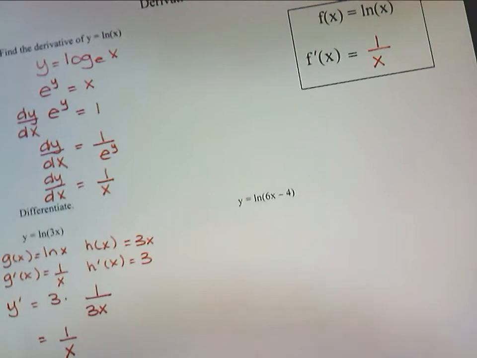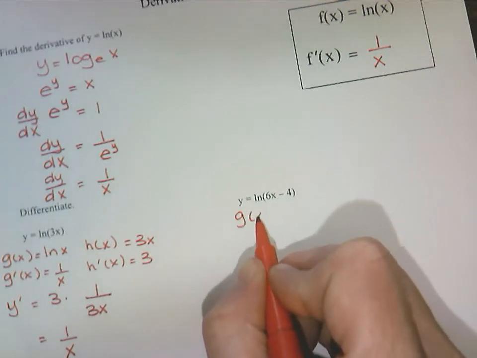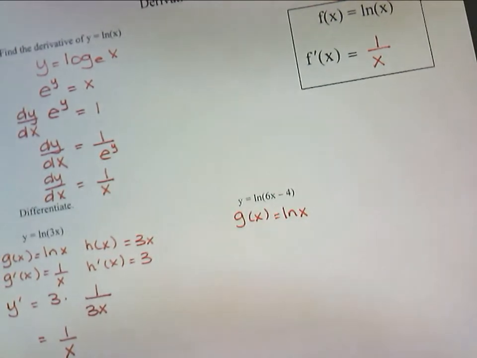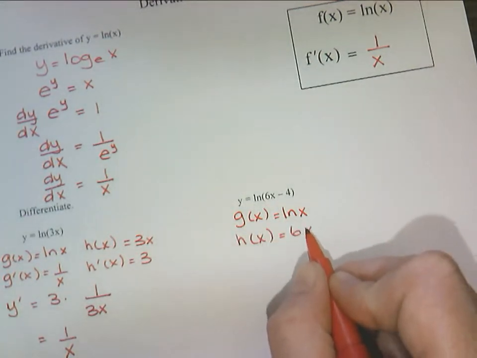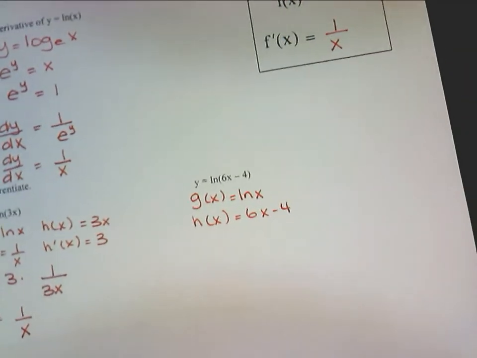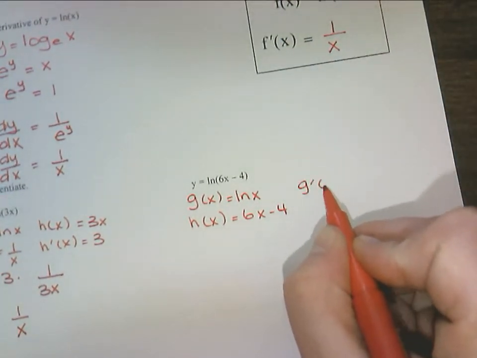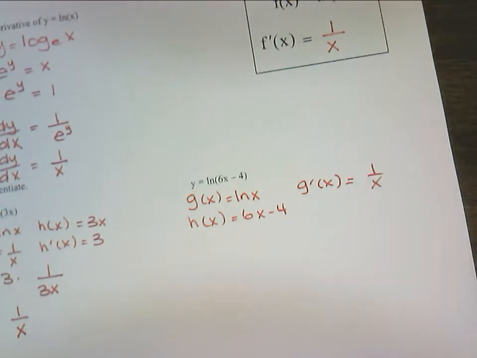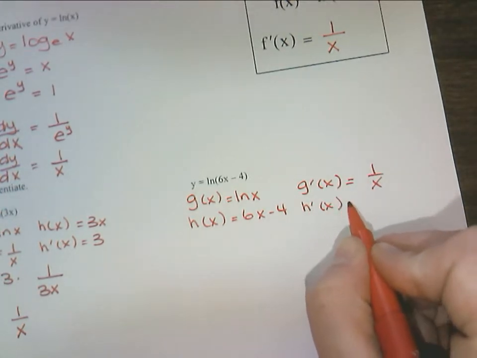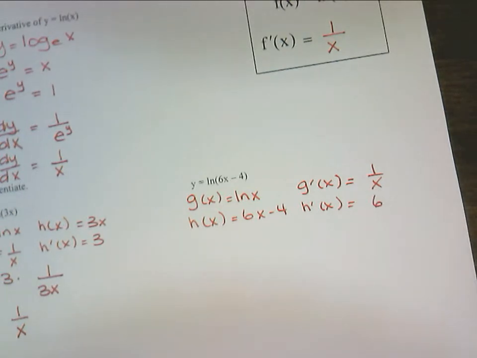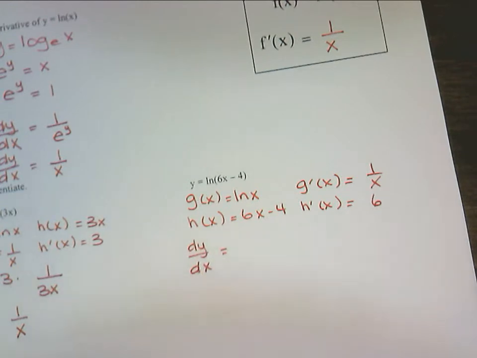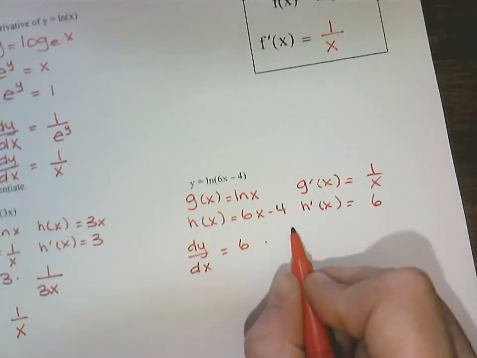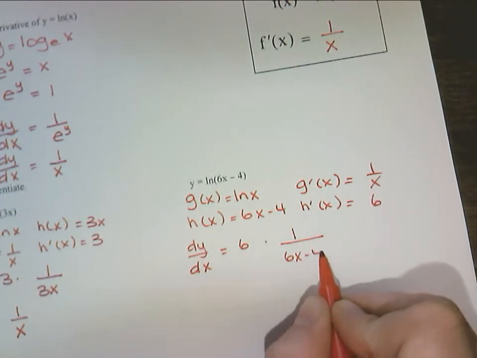Let's try another one. So I want to do ln of 6x minus 4. So I can say that g of x is ln x. I can say that h of x is the inside, 6x minus 4. g prime of x is 1 over x, and h prime of x is 6. Putting these together, dy by dx, I get h prime times g prime of h of x.